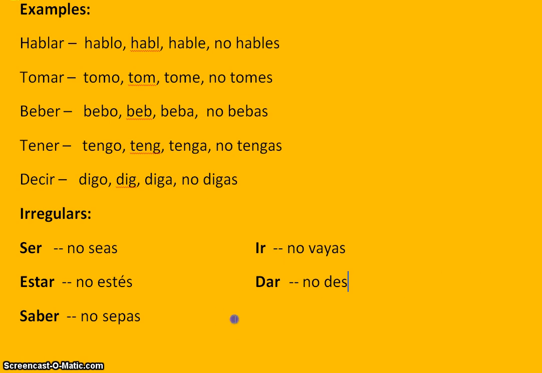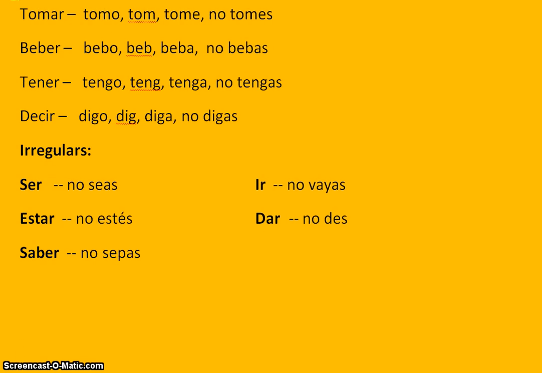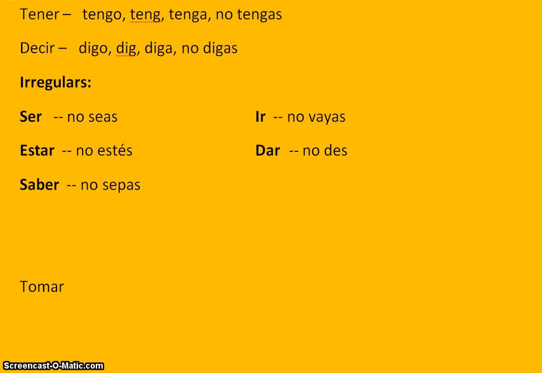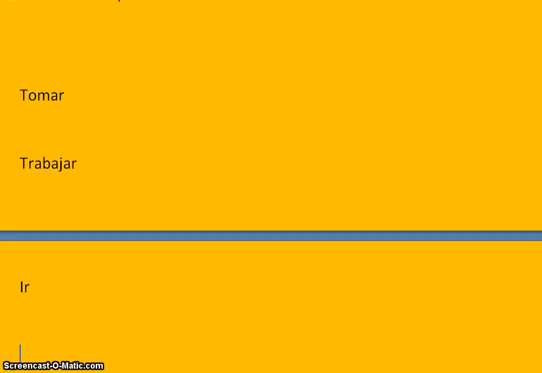Okay, so the next thing we're going to do, I'm going to give you several verbs, and then I want you to give me the affirmative and the negative for informal commands, okay? Let's go over some. I'm just going to throw some random ones at you. Let's go with tomar. How about trabajar? Let's do ir. Let's do subir.